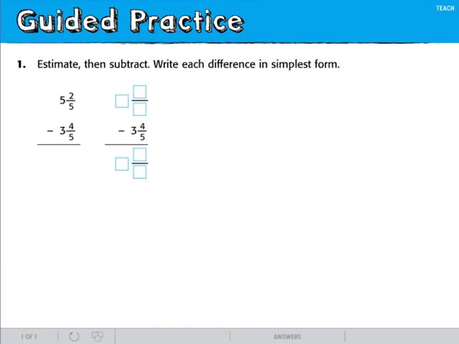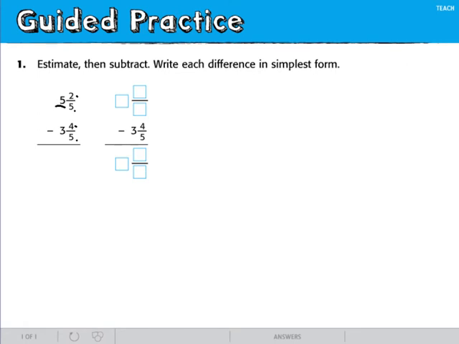Alright. So, your guided practice for today. This one already has a common denominator. So we don't have to do the first step. See, step 1 is done for us, right? After we make sure they both have common denominators, next thing, can I subtract 4 from 2? I cannot. So now I have to rename the 5.